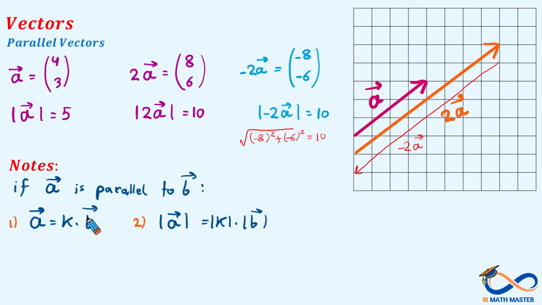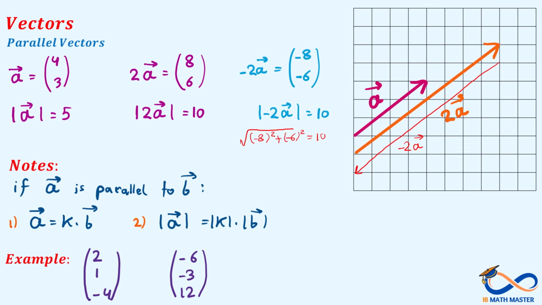So when we multiply vector B by a number k, we get a new vector A that's parallel to the original. And also, the magnitude of A will be the absolute value of k times the magnitude of B. K here is in the absolute value. So like this, since we multiplied by 2, this one is twice as long as A.